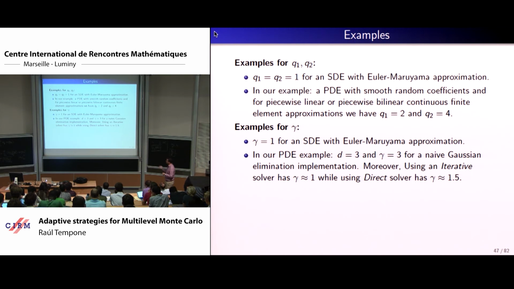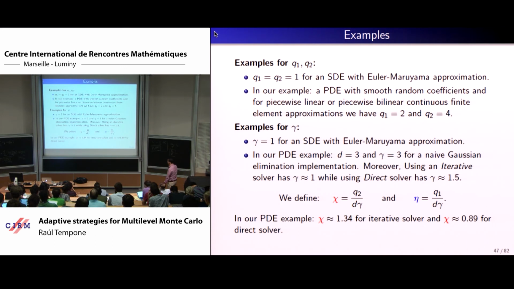Gamma, again, is defined by the solver, and in SDE with Euler-Maruyama, it's just 1. So I don't stop on that. I just try to show you that these things can be found. And if you have no theory at all, if you're desperate, you can just try to fit something to the convergence that you see, or the explosion in the solver. So you can actually measure things as well.